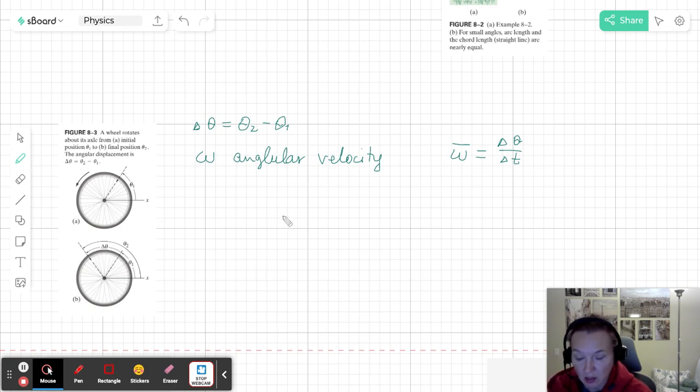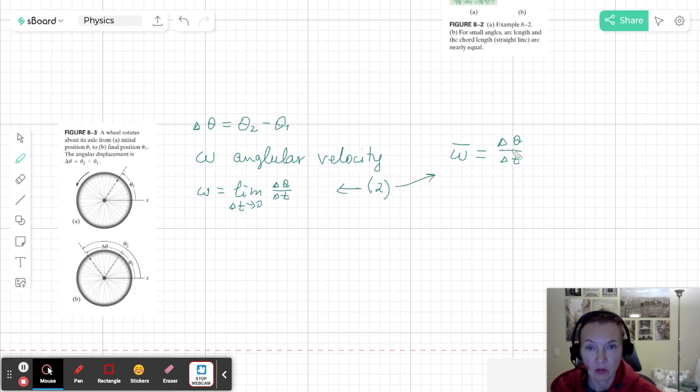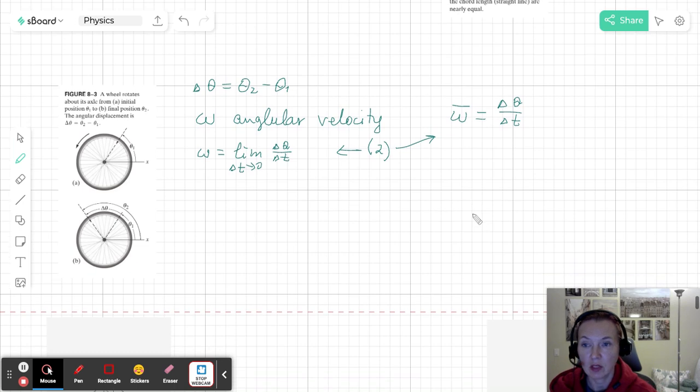And the instantaneous angular velocity is therefore going to be equal to the limit of delta theta over delta t as delta t approaches 0. Right, so instantaneous, at an instant. Those two equations are going to be equation number 2. So we know it's delta theta over delta t, or the limit of those.